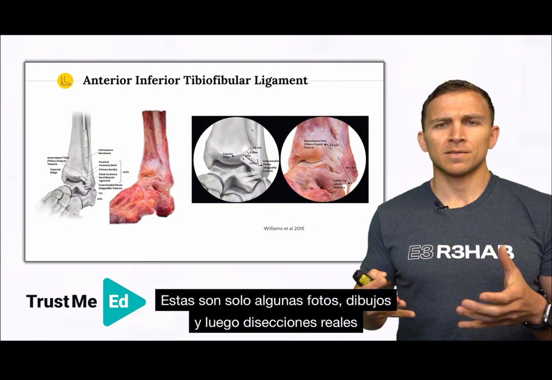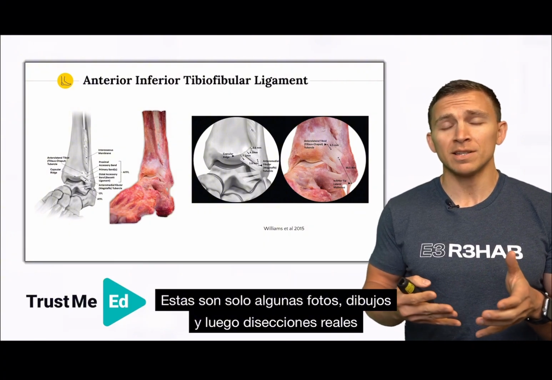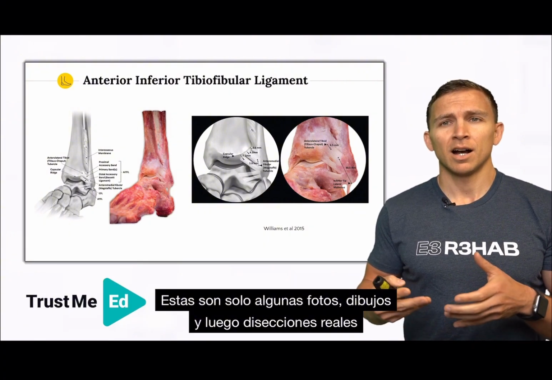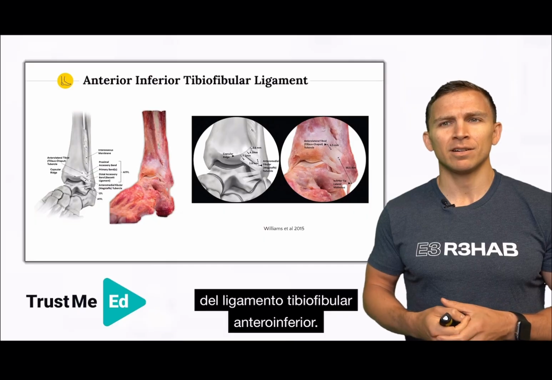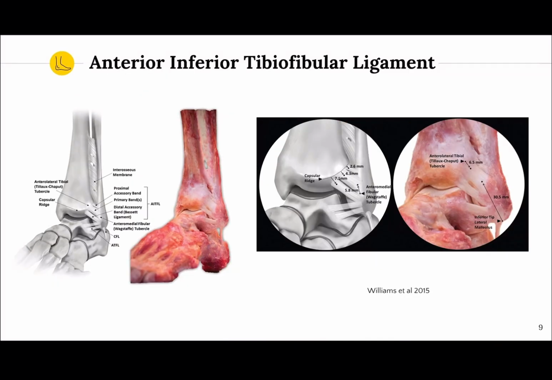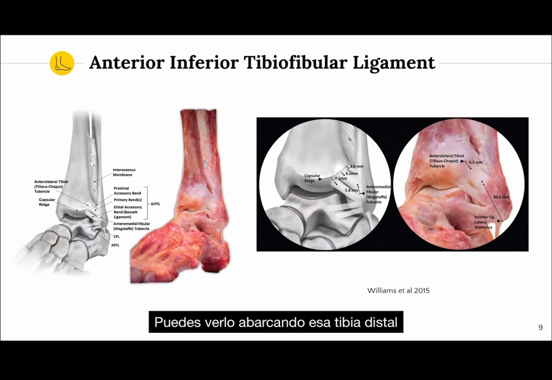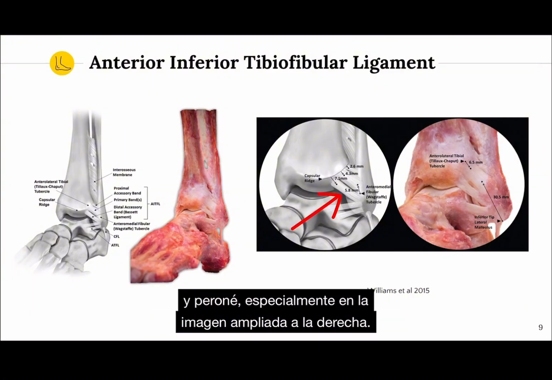So these are just some pictures, so drawings and then actual dissections of the anterior inferior tibiofibular ligament. You can see it spanning that distal tibia and fibula, especially on that zoomed in picture on the right.